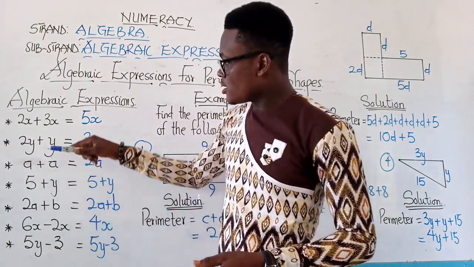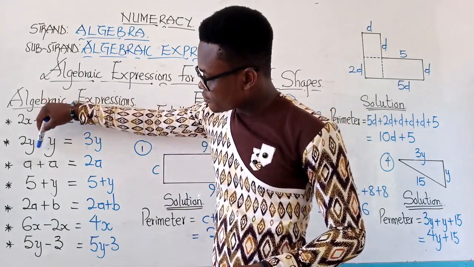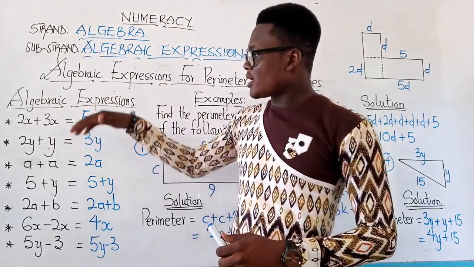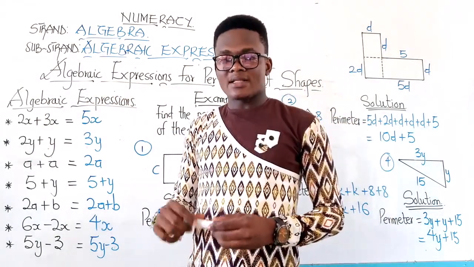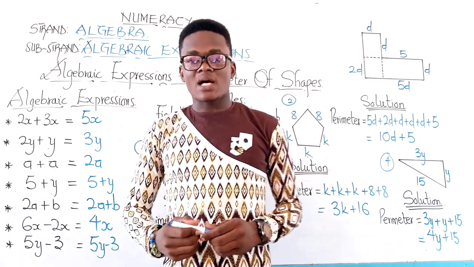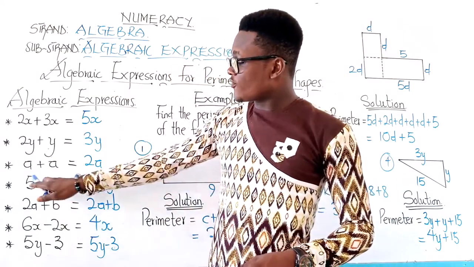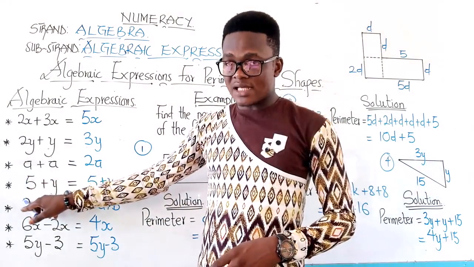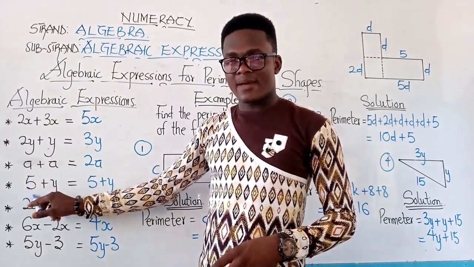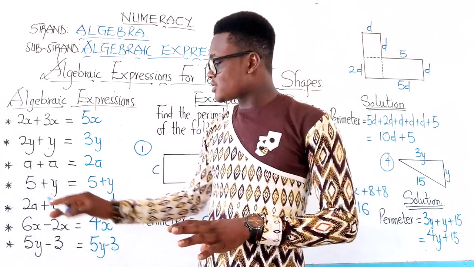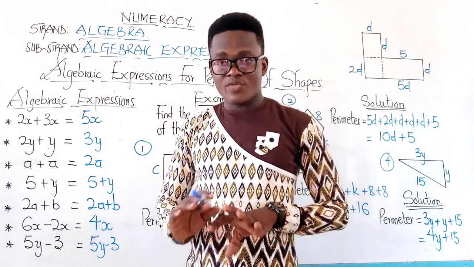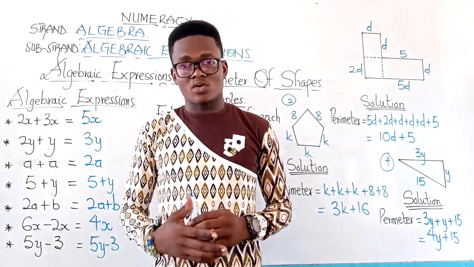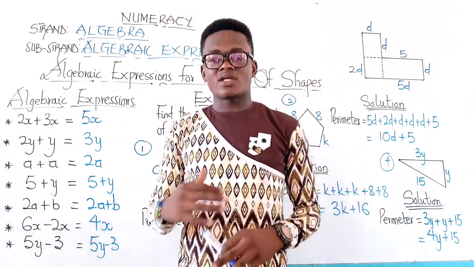But when a number is on its own, it is called a constant term. In other words, the value of that number does not change, it remains the same, but the values of the variables change, they vary.